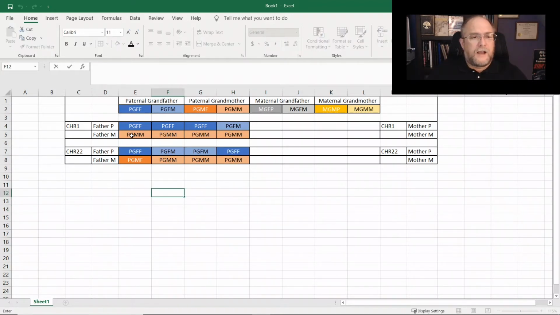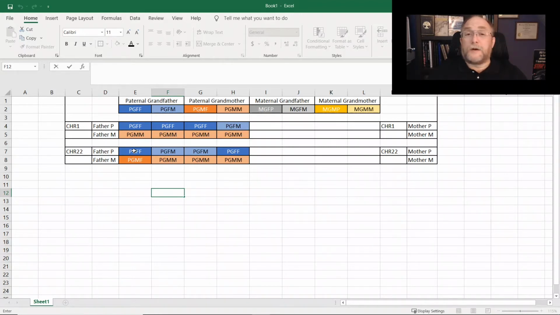So on this line of chromosome number 1, he received 3 parts from his grandfather on his father's side and 1 part from his grandmother on his father's side. And on this one, he received the whole mother's side of the chromosome from his grandmother, from his mom's side. On this chromosome, he received 50-50.